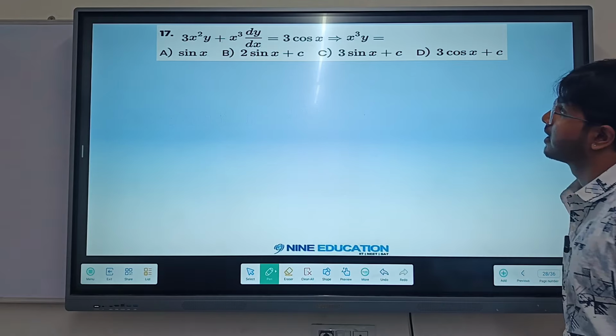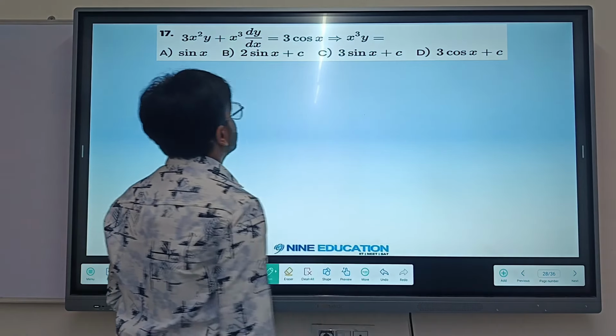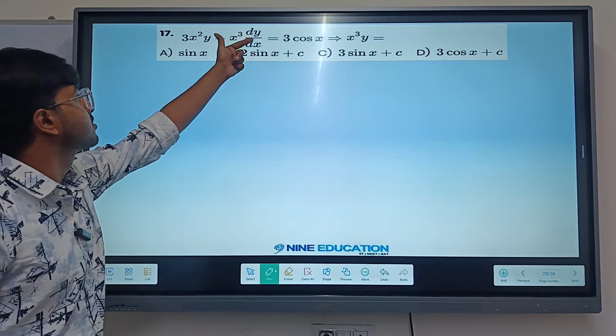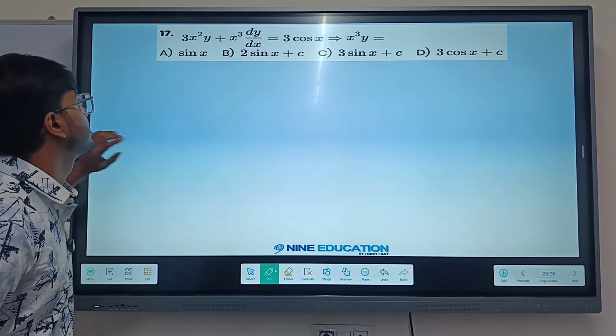Let's move to our next question, which is of differential equation 3x square y plus x cube dy by dx equal to 3 cos x.